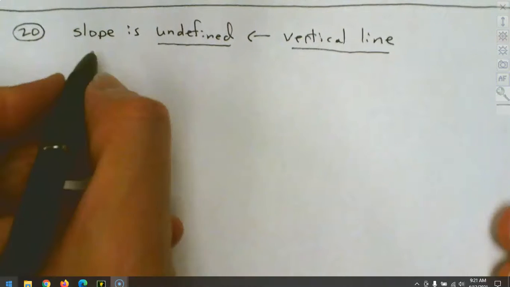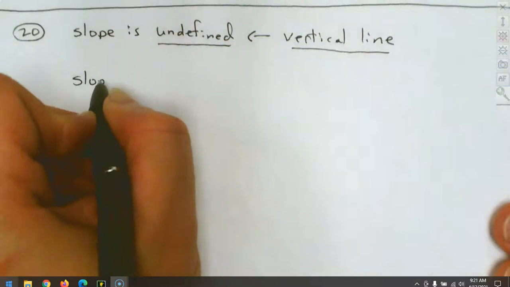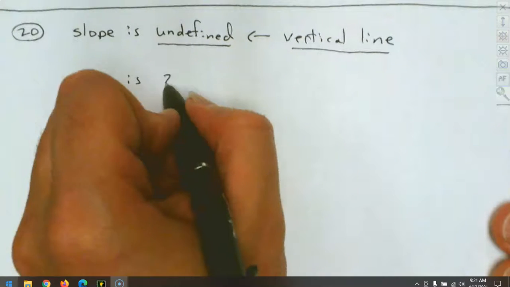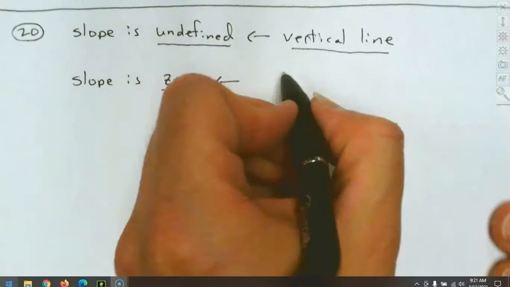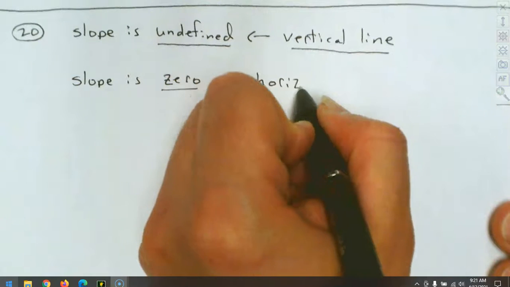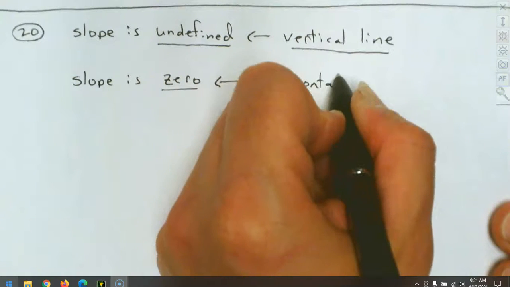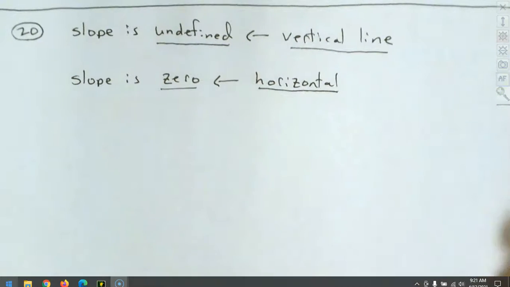Now, what if I would have changed it? What if I would have said the slope is 0? Well, if the slope is 0, what is that one? Horizontal. And this is a very, very easy question. I don't want you to miss this one. It's just definitions. Undefined is a vertical line. Horizontal has a slope of 0.